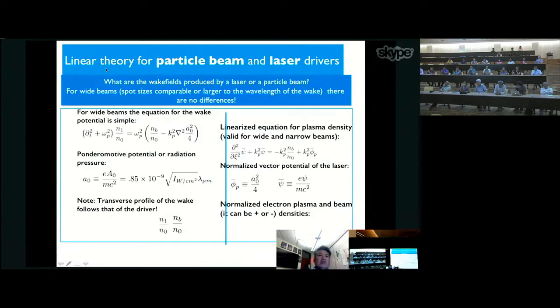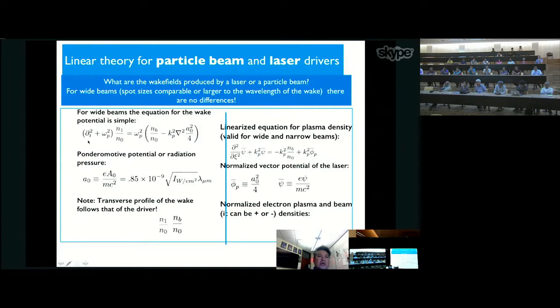Now if you look at the linear theory for particle beams and laser drivers, let's look at where the wake fields are produced by either a laser or a particle beam. Let's first consider wide beams, which means the spot sizes are comparable to or larger than the wavelength of the wake. Then there are no differences in a certain sense between how a laser or particle beam excites a wake.